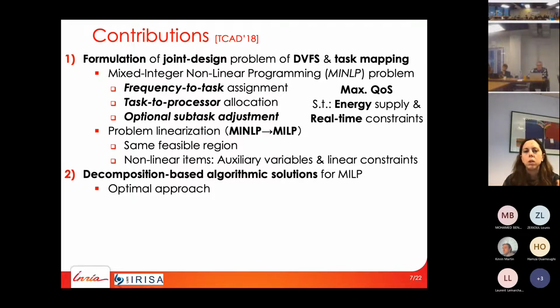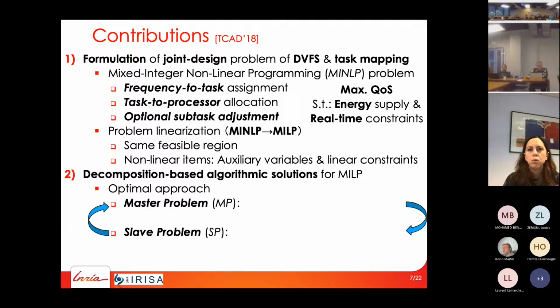The first one is the optimal approach that allows us to find the optimal solution, but with reduced computational time. The basic idea here is given by Benders decomposition. So it is to take the original problem and split it into two smaller subproblems with fewer constraints and variables, and thus they are easier to solve.